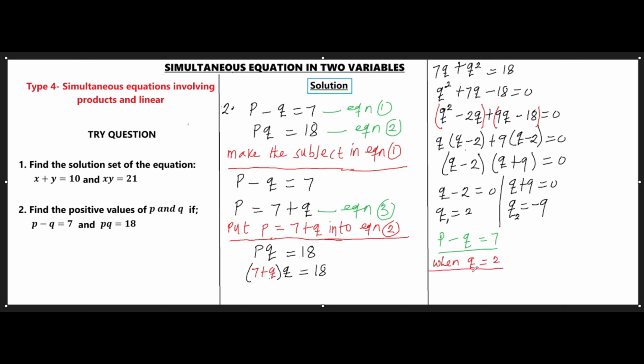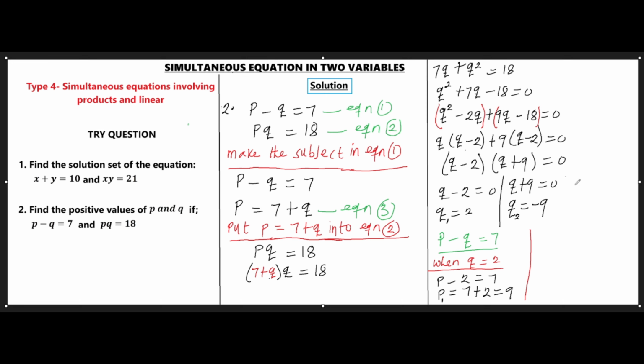When q is 2, we have p minus 2 is equal to 7. So p will be 7 plus 2, which is 9. So that is the first value of p.